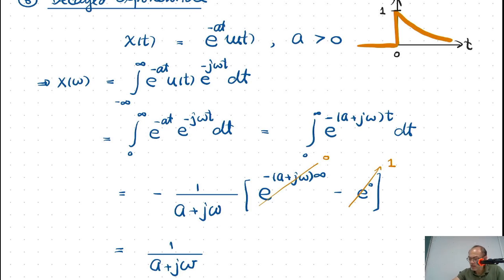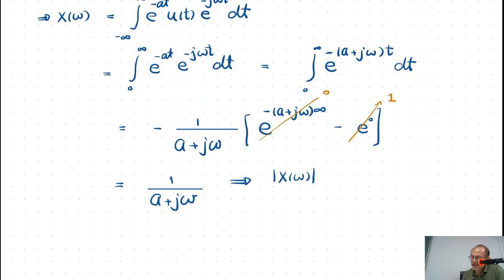Okay. So if we try to take the magnitude of this spectrum, because if you look at this one, this is a complex number, right? There is a term j here, so it is a complex number. So if you try to plot it, you cannot do that. If you want to plot it, you have to plot instead the magnitude and the phase.